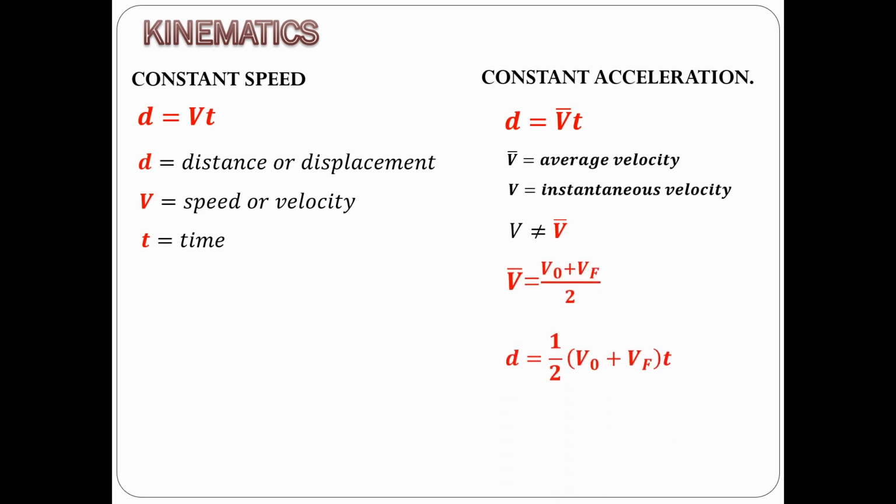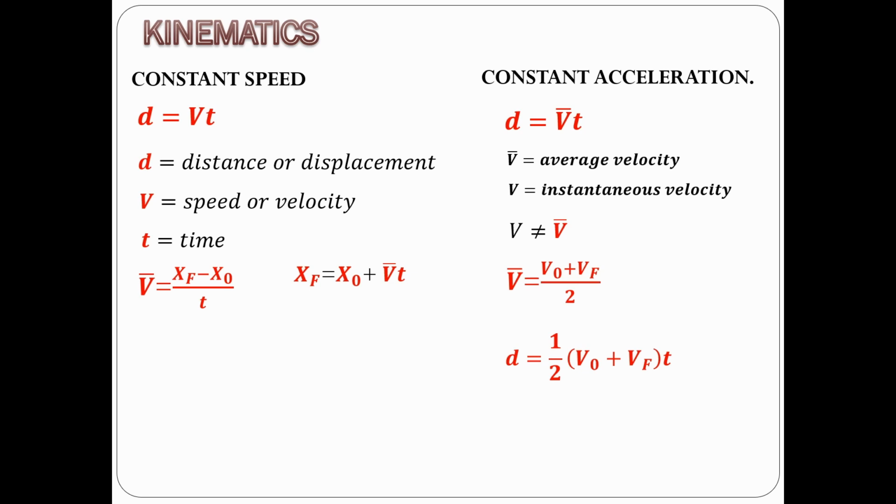We said that average velocity is equal to final position minus initial position divided by t. If we rearrange this equation, we get final position is equal to initial position plus average velocity times t.